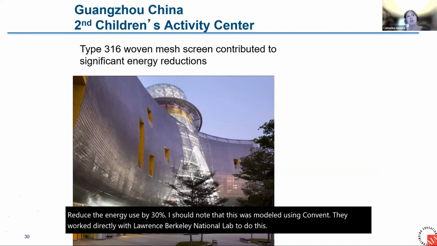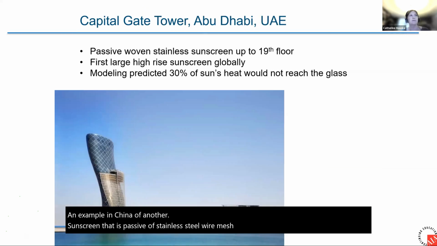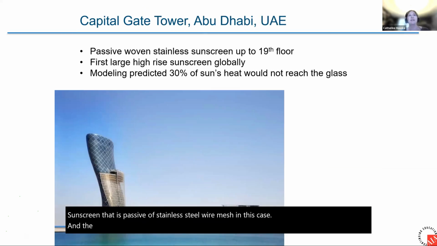They worked directly with Lawrence Berkeley National Lab to do this. An example in China of another sunscreen that is passive, stainless steel wire mesh in this case. And the high rise in Abu Dhabi, Capitol Gate Tower, which got quite a bit of coverage when it was first completed.